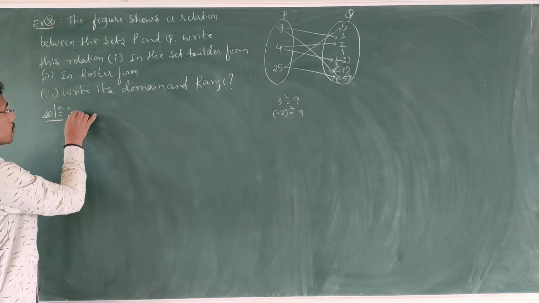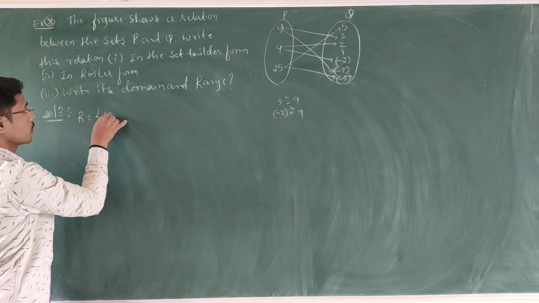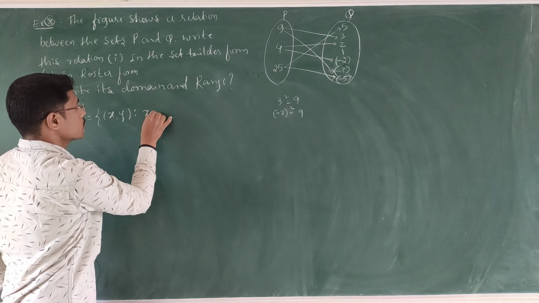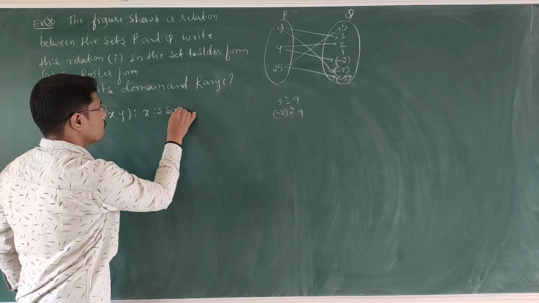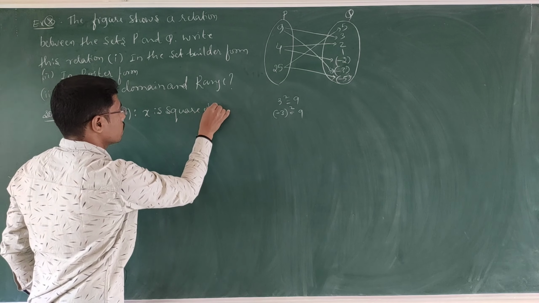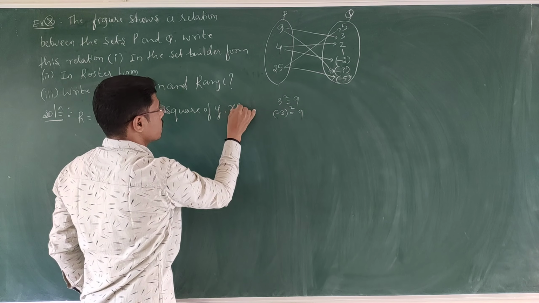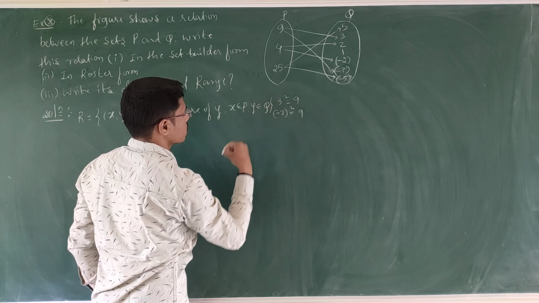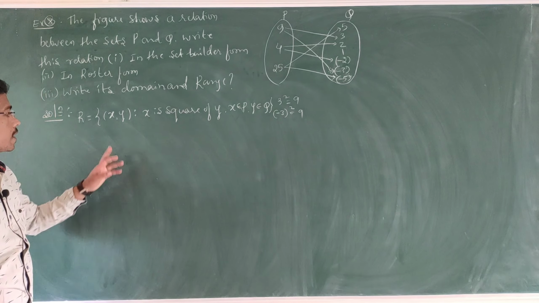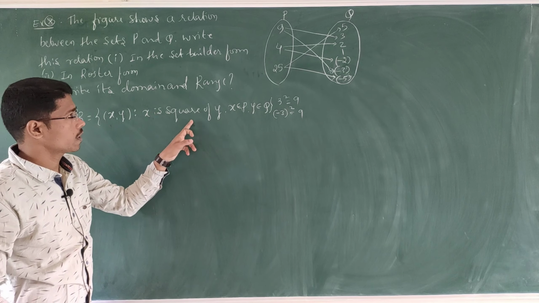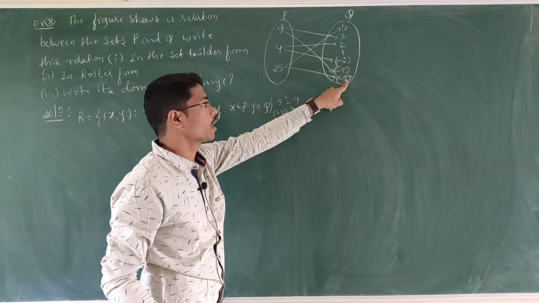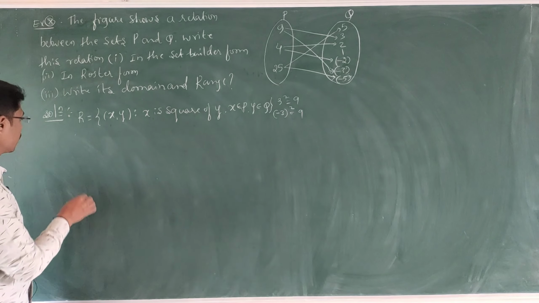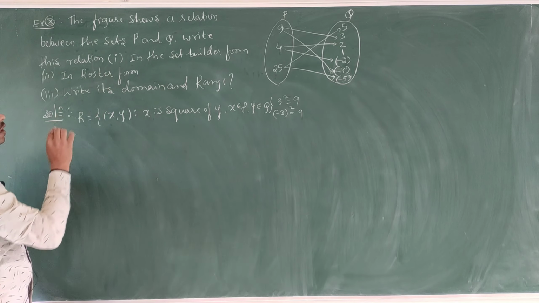So the relation is R equal to {(x, y) such that x is the square of y, and x belongs to P, y belongs to Q}. This is the relation in set builder form.